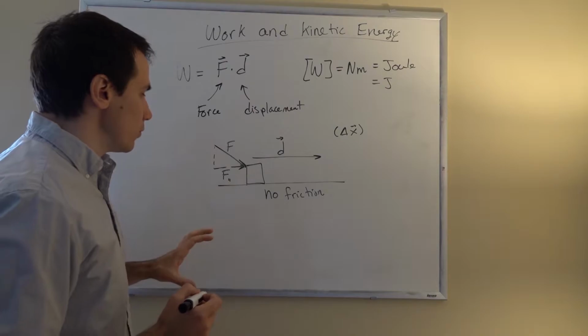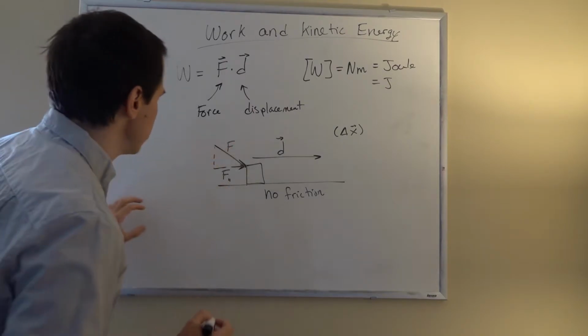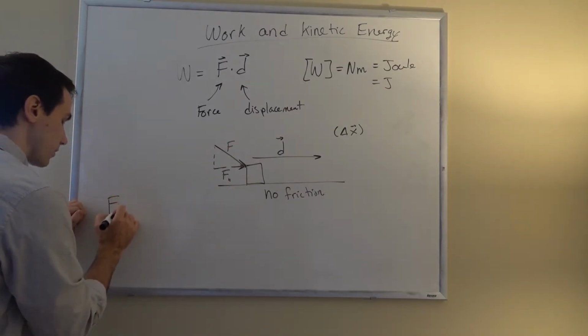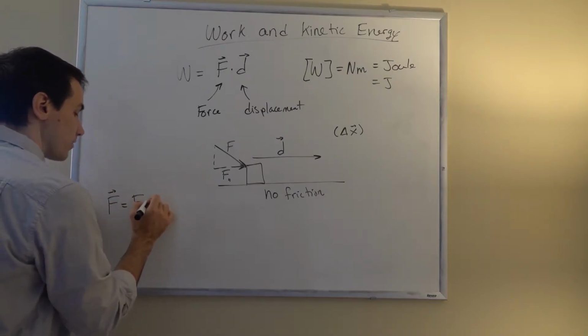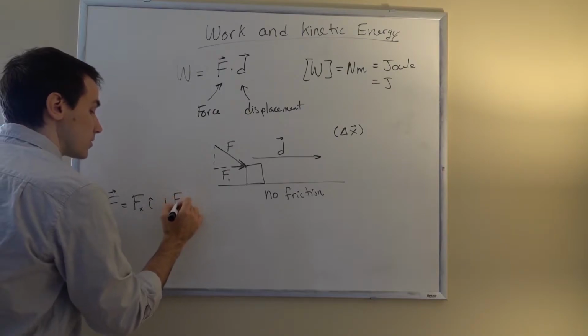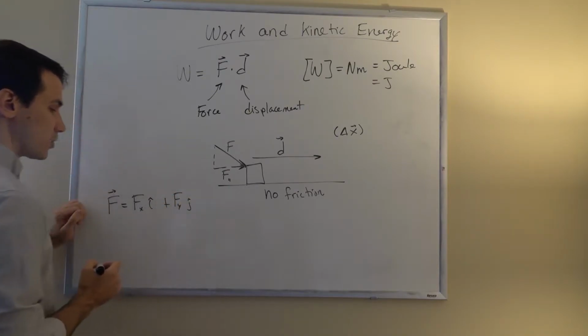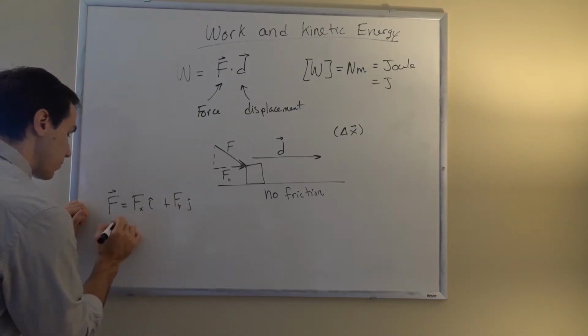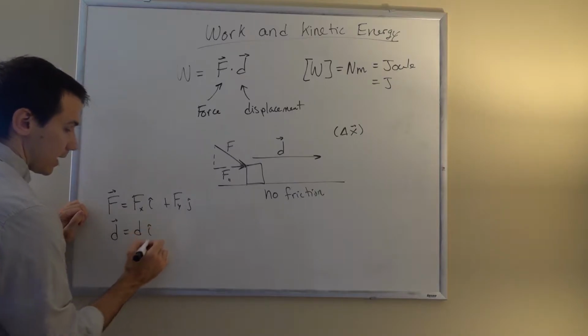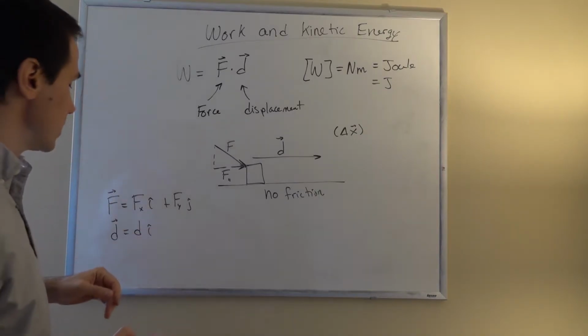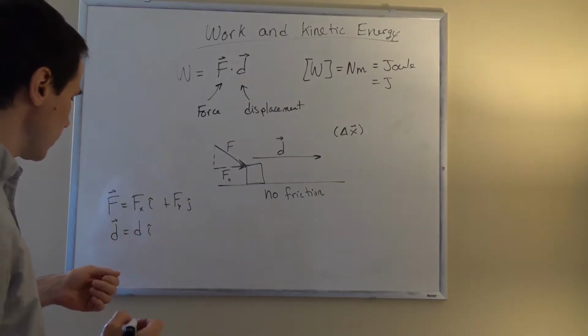So what we could do is write my force vector as the x component of the force vector in the i hat direction plus the y component of the force vector in the j hat direction. My displacement vector would be just the magnitude of the displacement vector in the i hat direction.